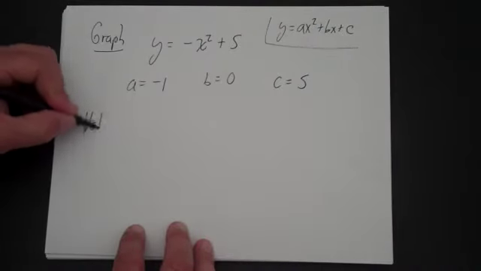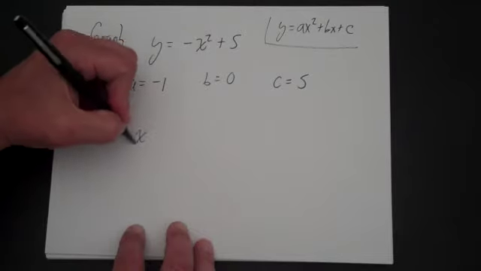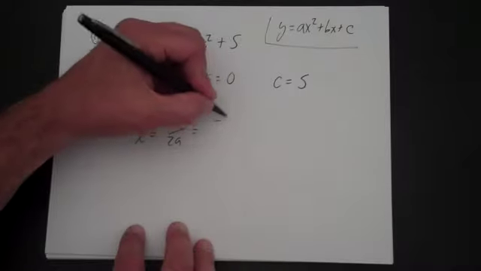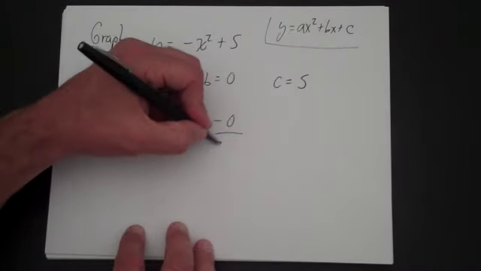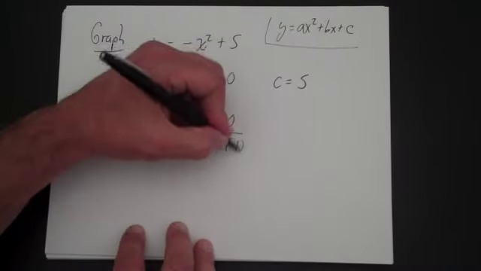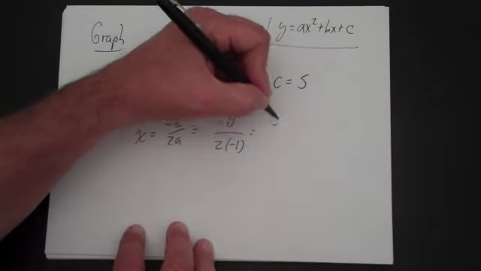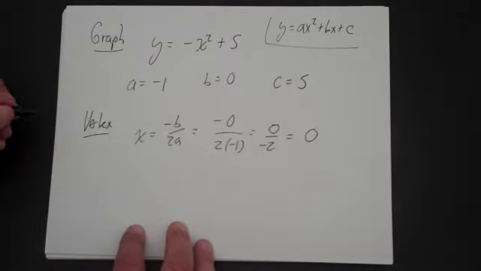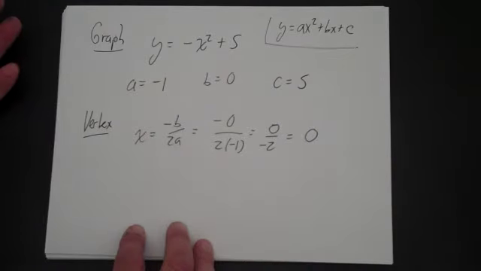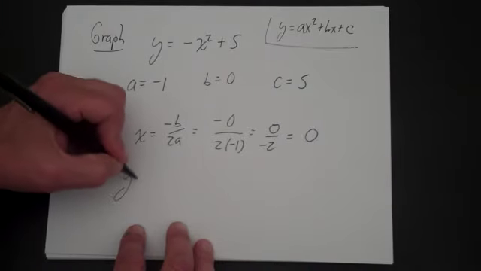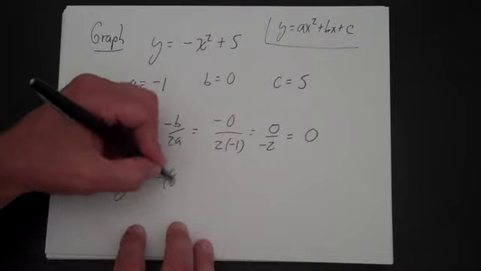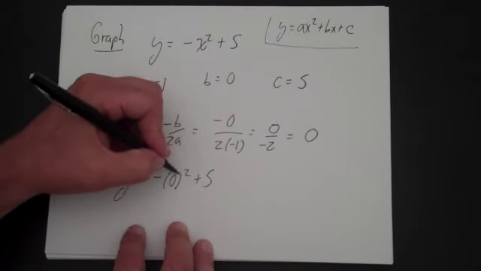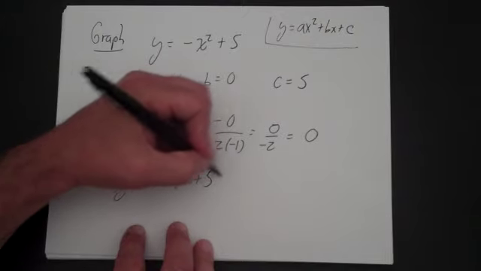So let's find the vertex. The x value of the vertex is minus b over 2a, which is minus 0 over 2 times minus 1. That's 0 over minus 2, which is just 0. That's the x value of the vertex. To find y, you plug in x equals 0, so it's minus 0 squared plus 5. 0 squared is obviously 0, so minus 0 plus 5 is just 5.